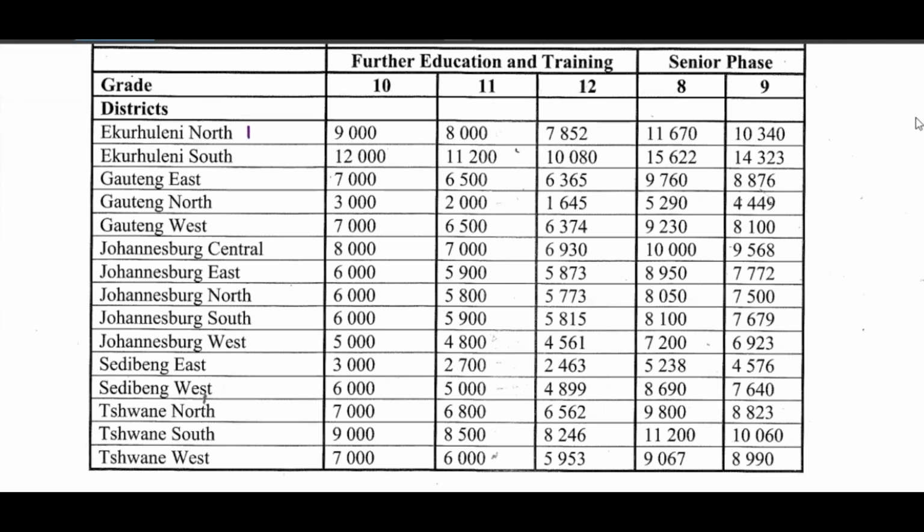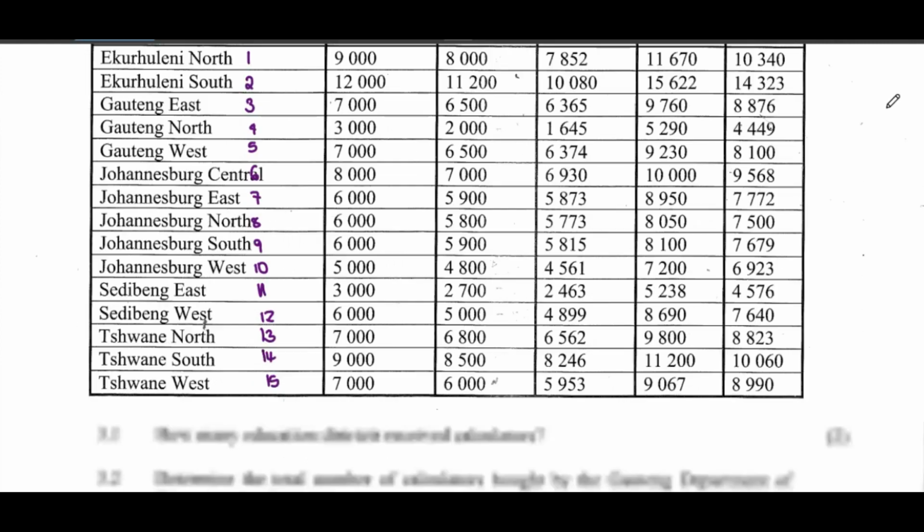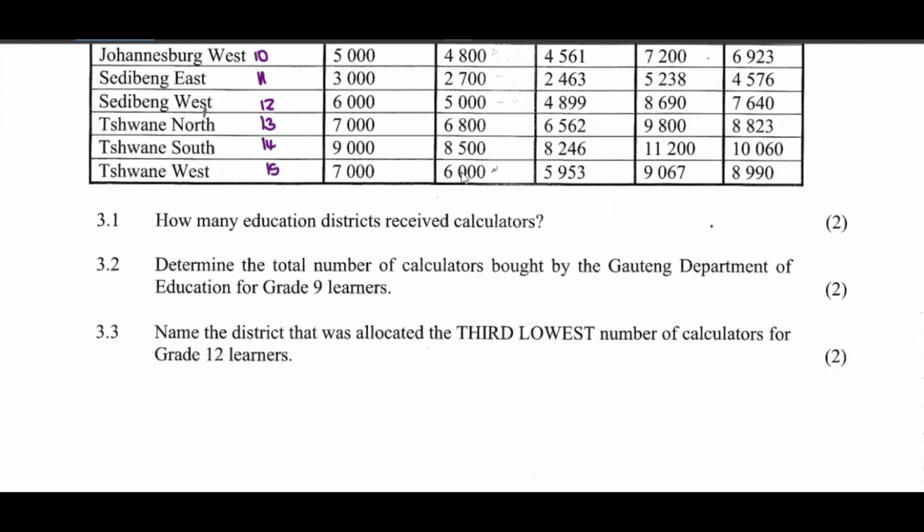We have 1, 2, 3, 4, 5, 6, 7, 8, 9, 10, 11, 12, 13, 14, and 15. Please don't miss this. Don't miss these marks because you just think these are 20. You write 20. Count. There are 15 districts.